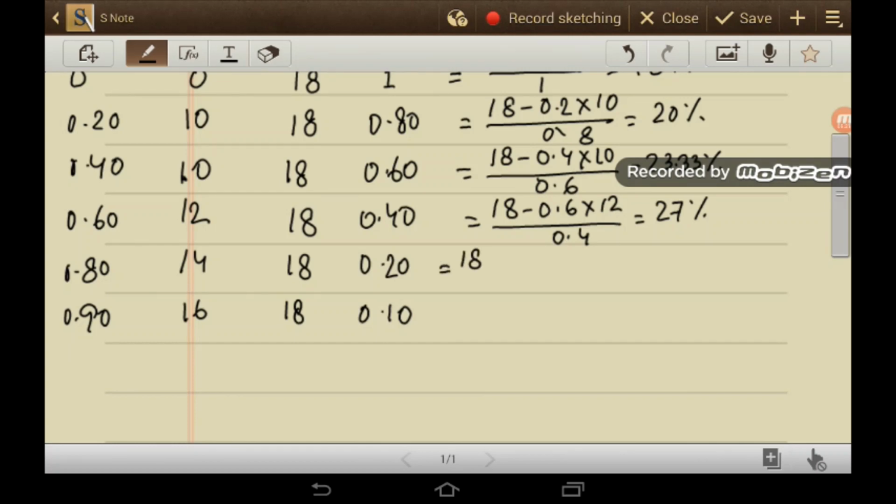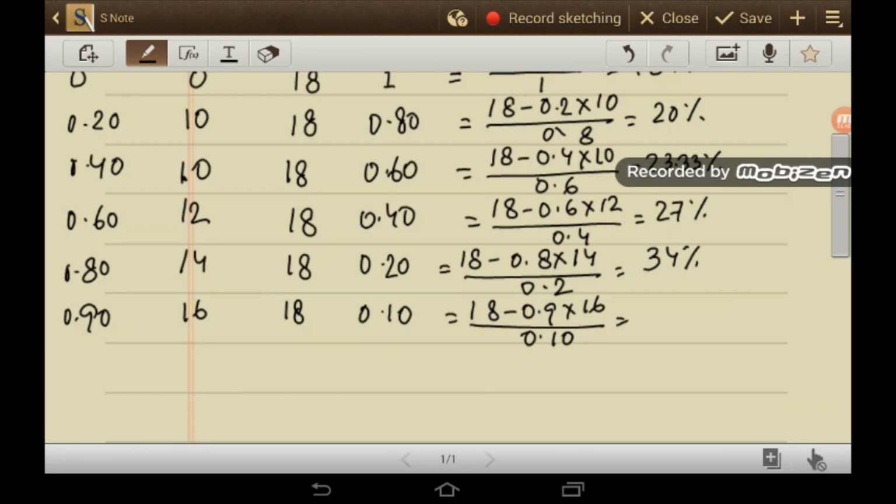Then 18 minus 0.8 into 14 by 0.2, this will be 34%. And 18 minus 0.9 into 16 by 0.10, this will be 36%.